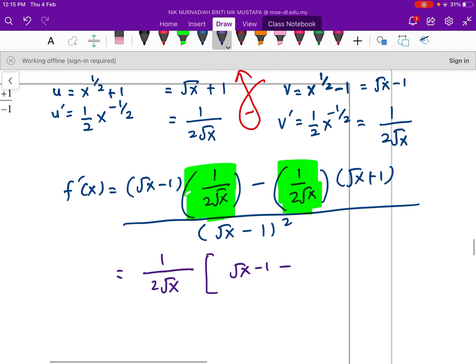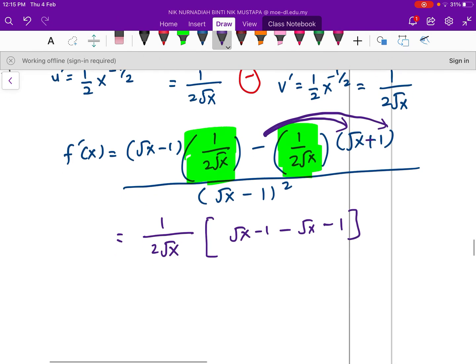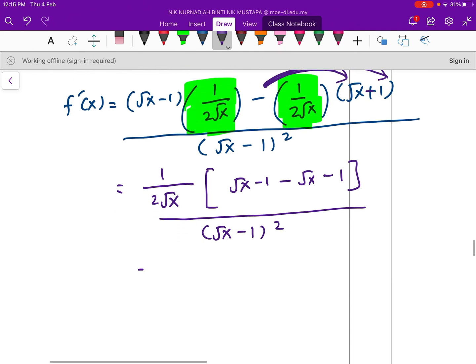And then here is set x minus 1 minus set x minus 1. Okay, because here is set x plus 1, right? Here is set x plus 1. When you multiply the negative with inside, dia akan jadi itulah, kan? Faham kan? Over set x minus 1 square. Okay, and then it will become, okay, set x here dengan set x ni boleh mati.